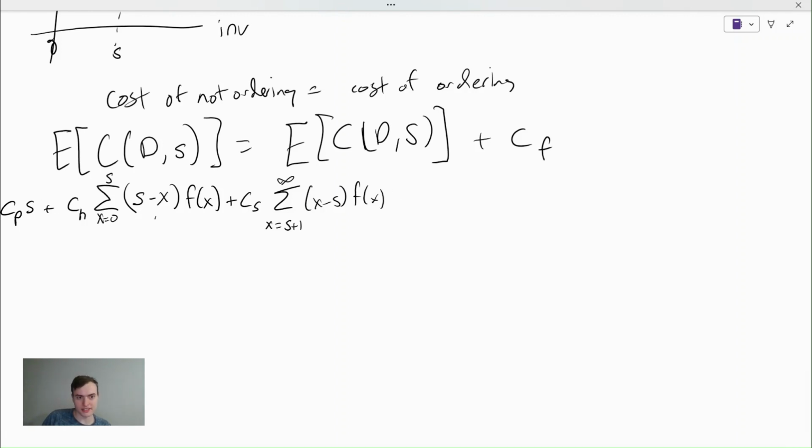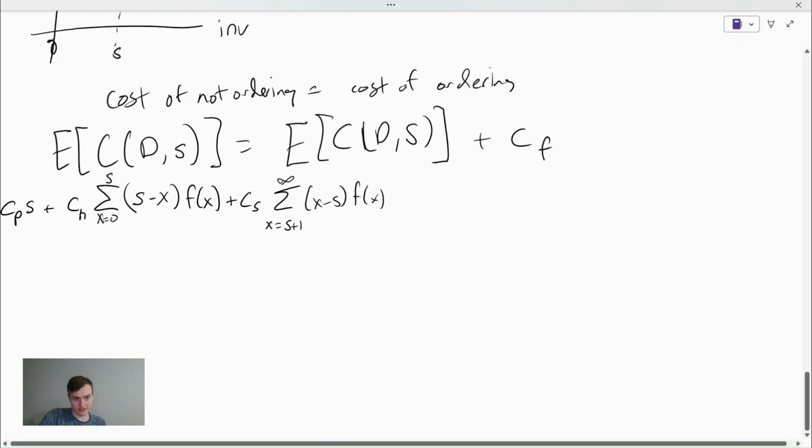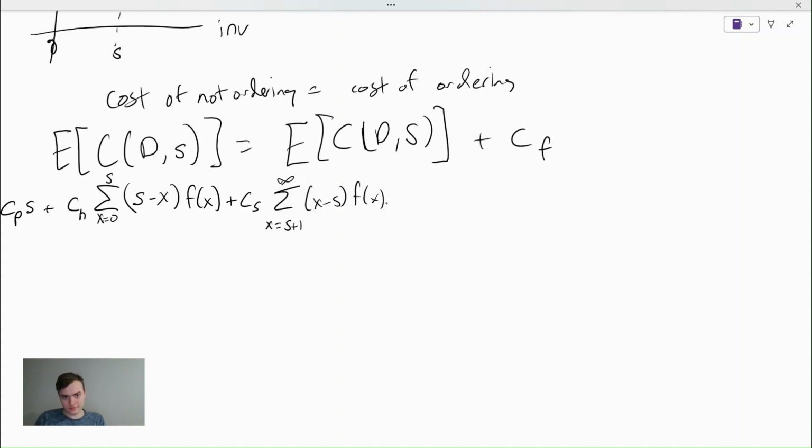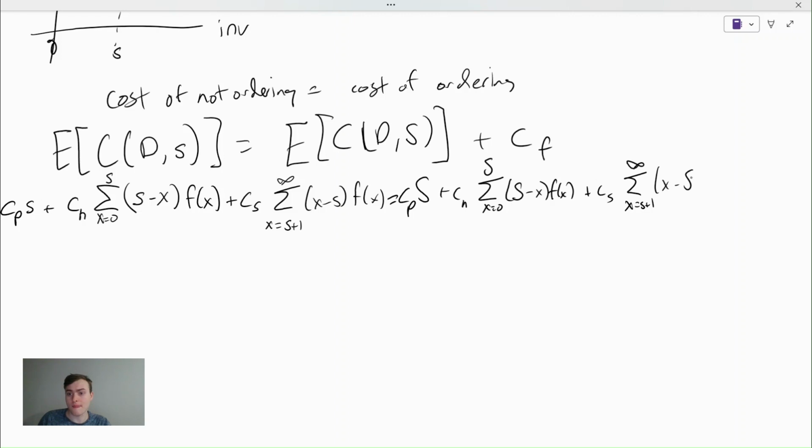So expected value, we're taking the value overstocked times the probability that's the value overstocked. And then on the right side, we have the same thing, but with big S. And then we have to add the fixed cost.